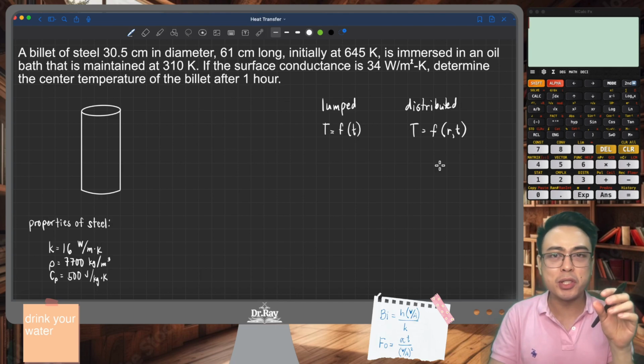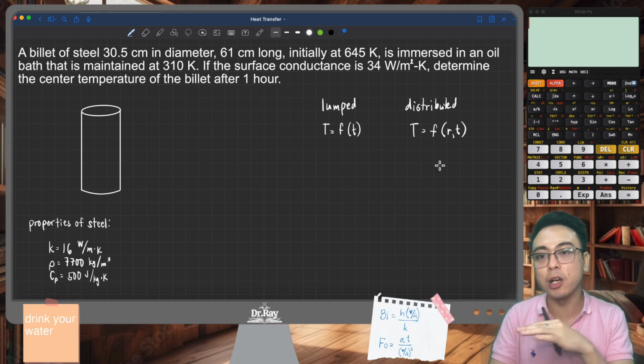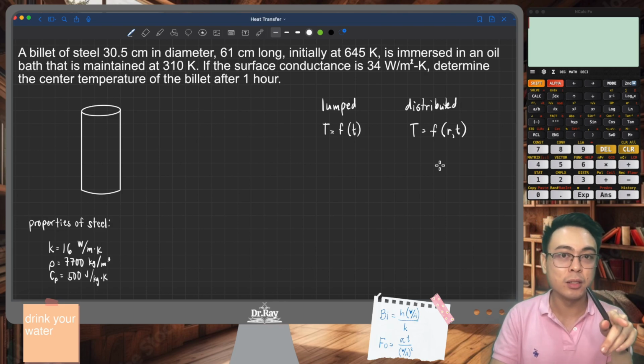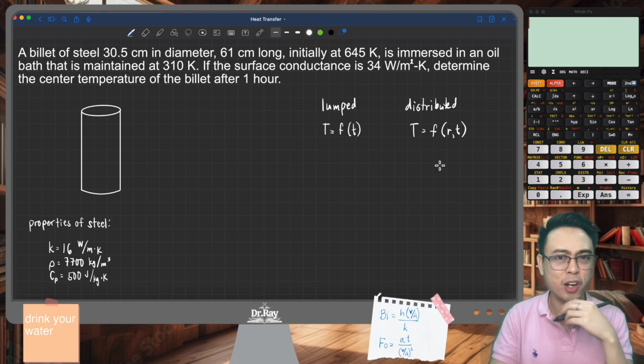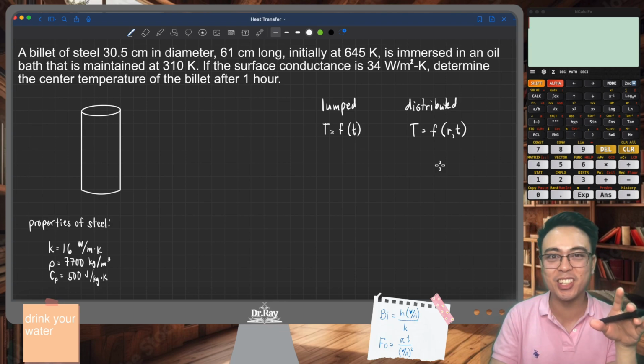So a distributed system is very complicated because there are now two independent parameters: the radial position and the time. And whenever we have distributed systems, we do have several methods for that. You can have both an analytical and a graphical solution for that. But let's just hope that this is not a distributed system.